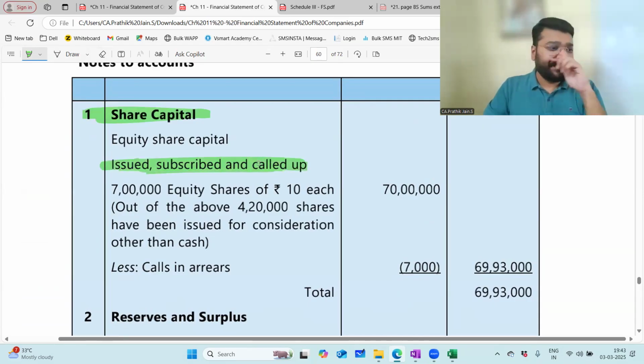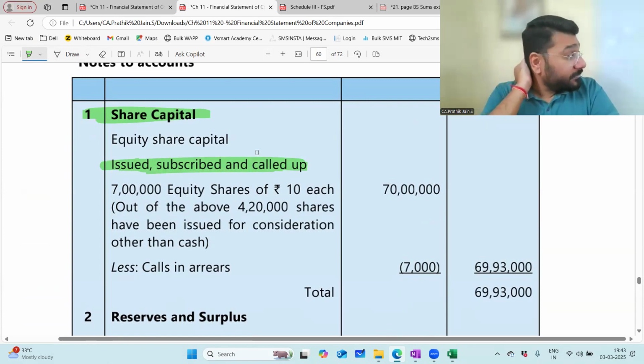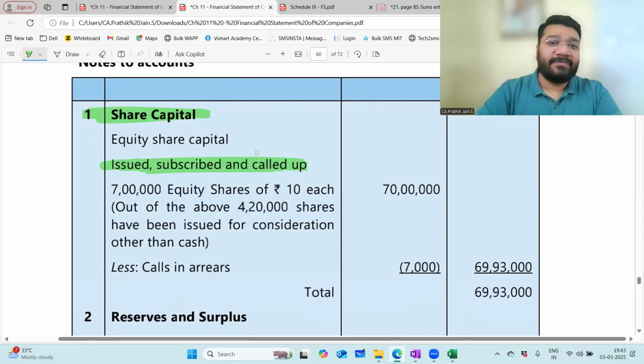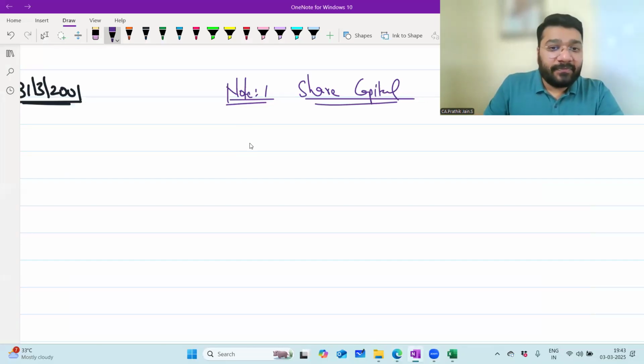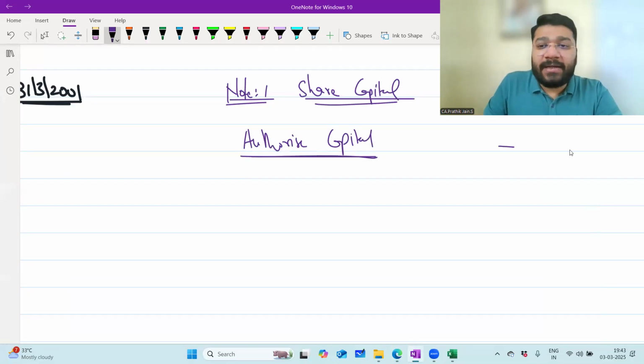Illustration 5, check the answer. In the absence of authorization information, you can leave it blank, or just write authorized capital, like we did in 12th.